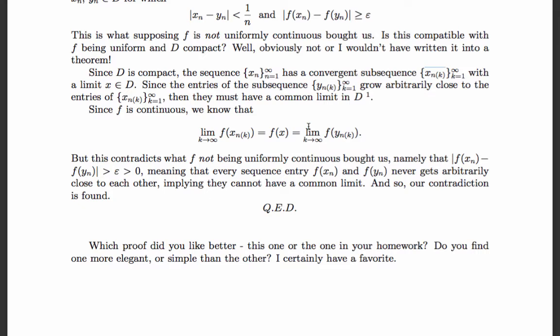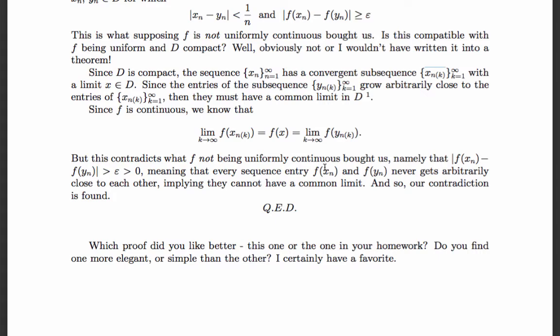In other words, it's not possible that this gets arbitrarily close to the same thing as this, and that they have the same limit if f is not uniformly continuous, because assuming that f is not uniformly continuous implies that those sequence entries never get arbitrarily close to each other, because they can never get less than epsilon to each other.